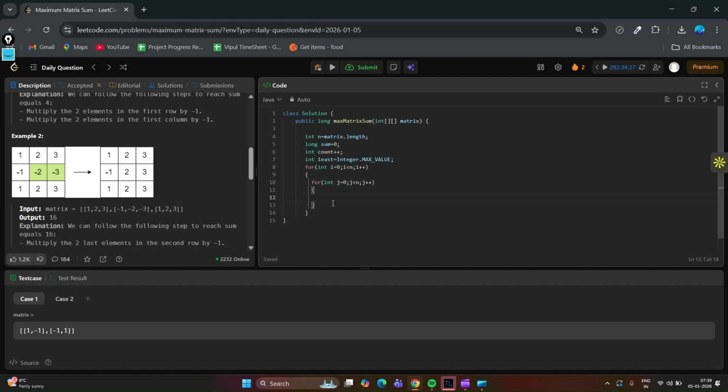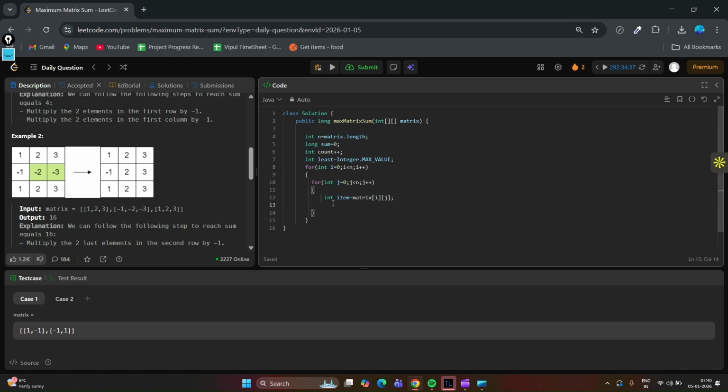What we have to count is the negatives. So first we do int item equal to matrix of i and j. From this I can find the current element.